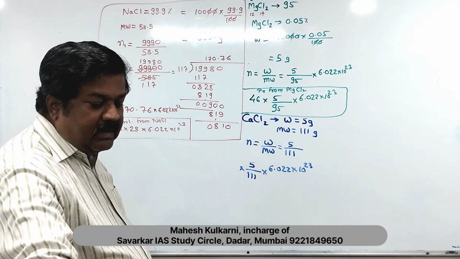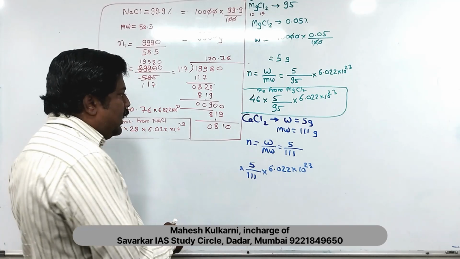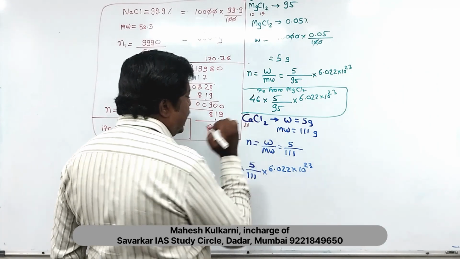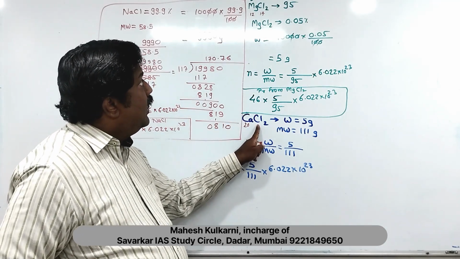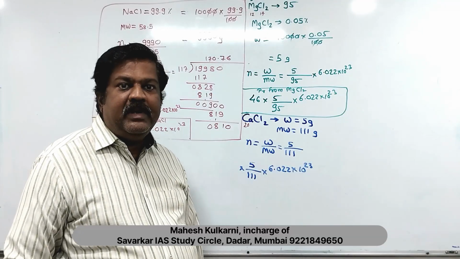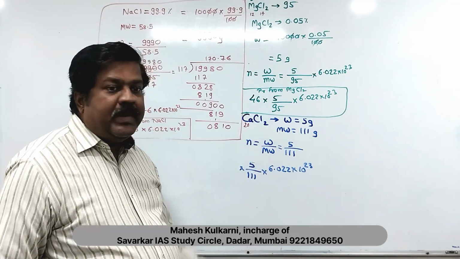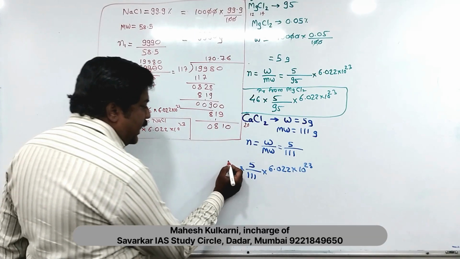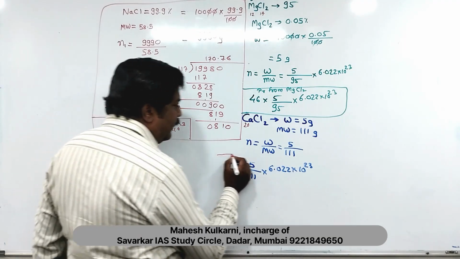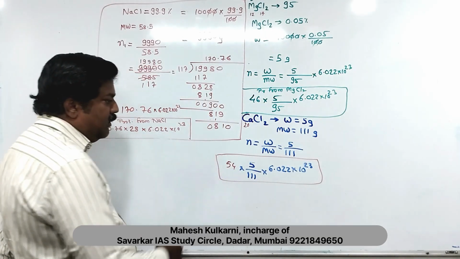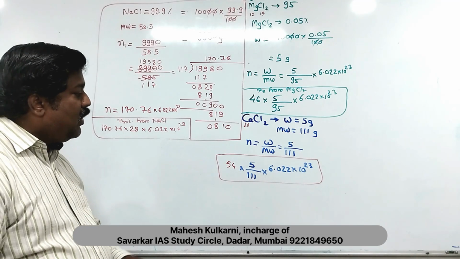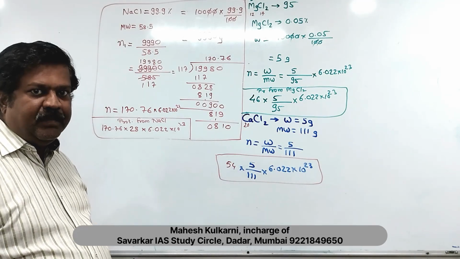Now let us calculate single molecule of calcium chloride. So here atomic number is 20. So 20 protons, and you are aware chlorine is having 17. 17 twos are 34. 34 plus 20, 54. So multiply this figure by 54. You will get number of protons in calcium chloride.